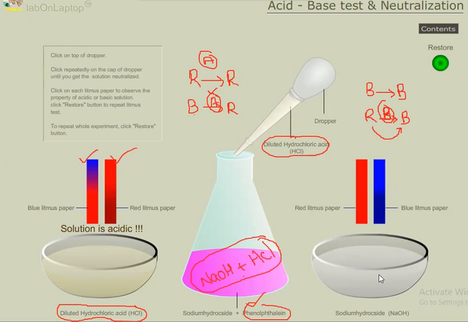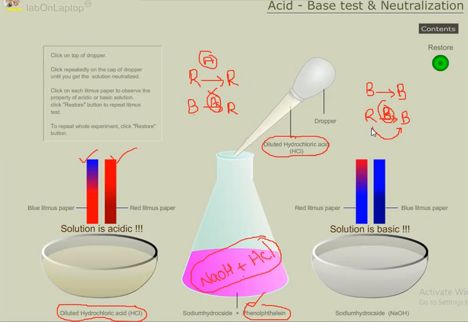Now instead of blue paper, repeat the same procedure with red paper. Then observe here. What do you notice? The solution is basic. Why? Because this red paper turns into blue, the part of the paper immersed in the solution has turned blue.